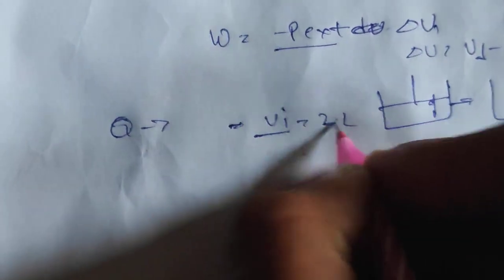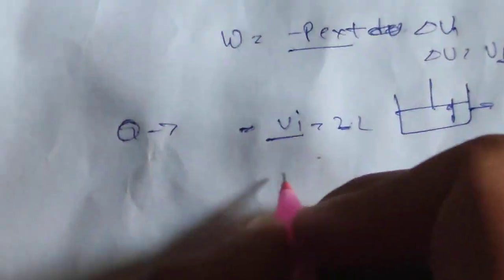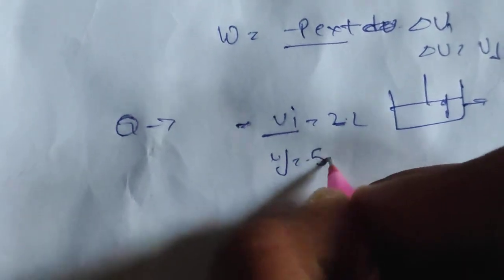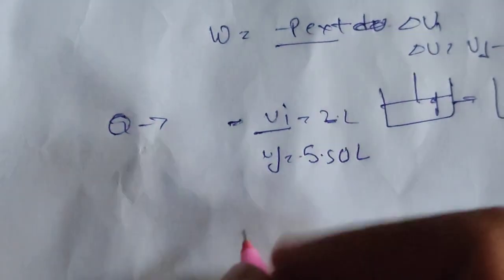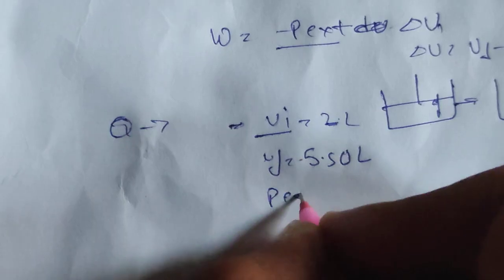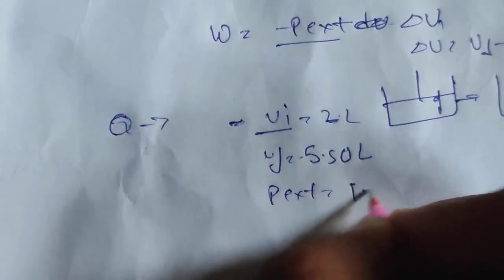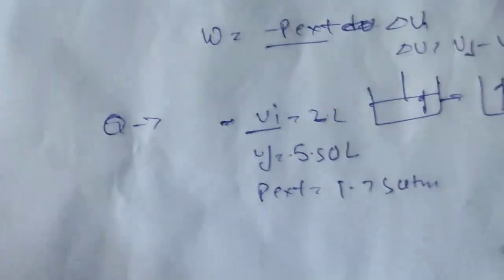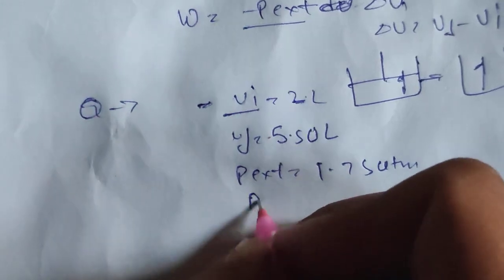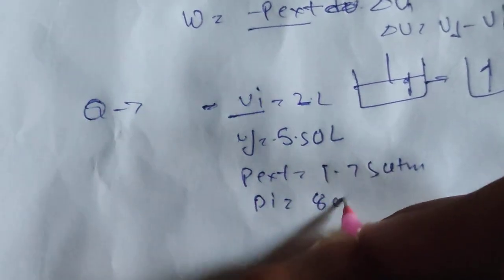V initial is 2 liters, V final is 5.50 liters, P external is 1.75 atm, and the initial pressure is 8 atm.